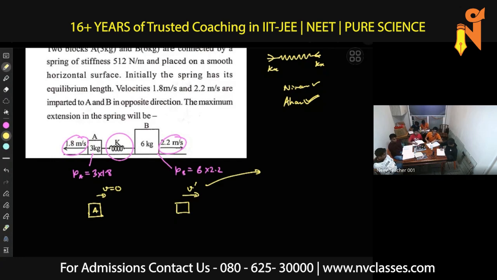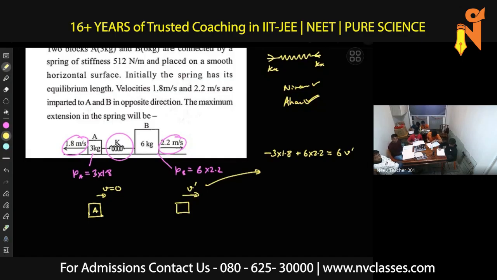I'll quickly write it. Assuming right side to be positive, it is -3 into 1.8 plus 6 into 2.2 must be equal to how much? 6 into this velocity, which we are wanting to find, right? Is that clear?